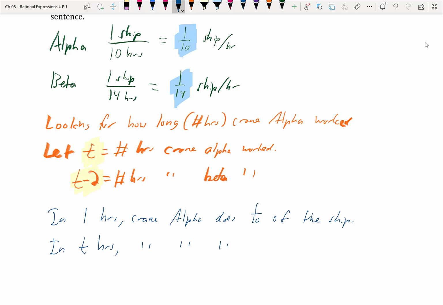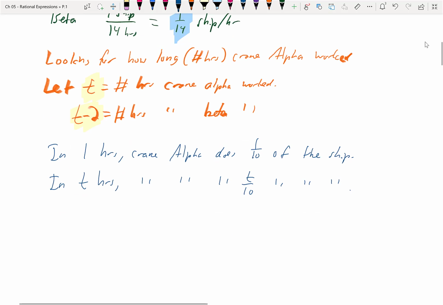So if in 1 hour it does 1/10, then in T hours it does not 10/10. 10/10 would be 10 hours. 1 hour to 1/10, T hours to T over 10. That's the variable part, T/10 of the ship. Or T times 1/10. So that piece becomes T over 10.